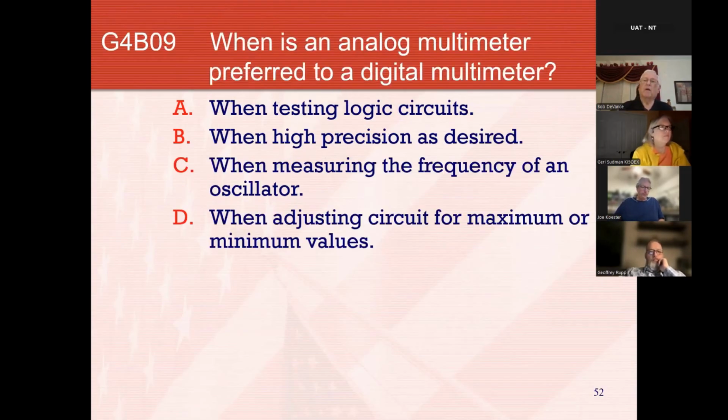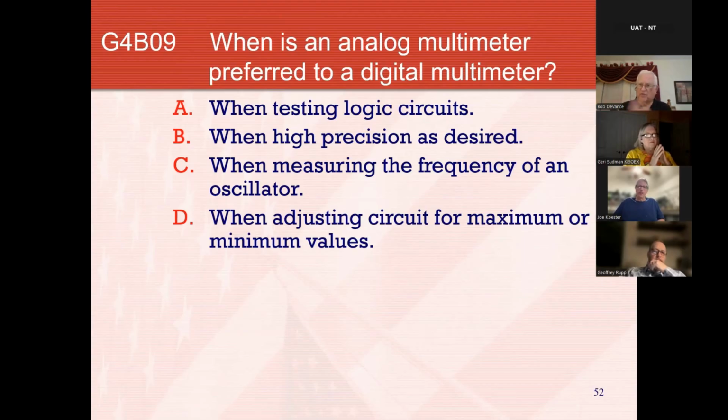Conversely, when would you want to use an analog multimeter instead of a digital one? Now, this question is a little bit hokey in one sense. Most newer digital meters have an analog reading on their meter, so you can actually see a voltage move back and forth. But before that time, you only had the voltage. And if the voltage were varying back and forth or moving up or down, you couldn't track it with the digital meter.